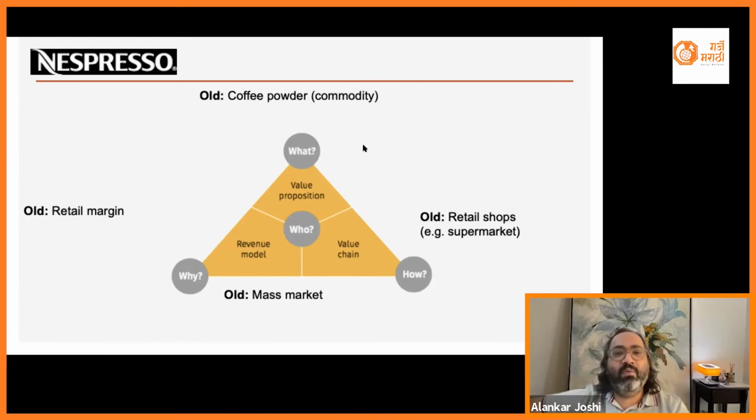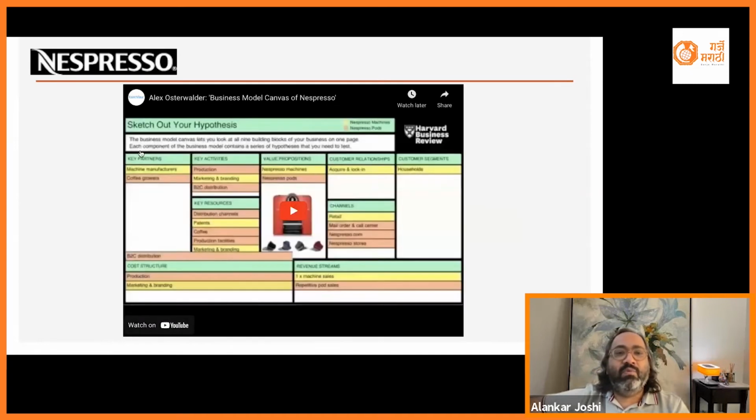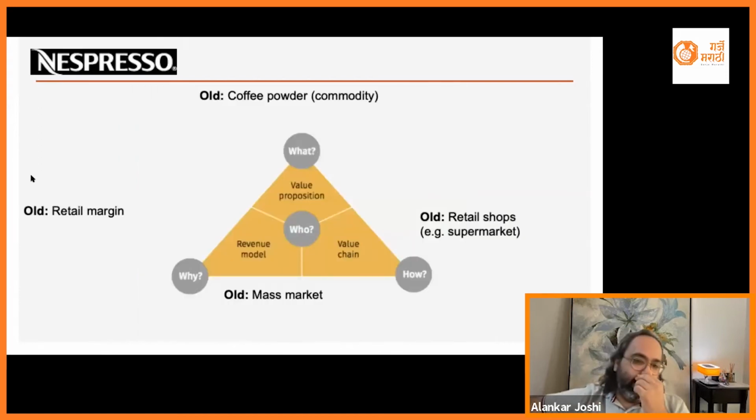So what they did was take each of these elements and innovate each of these elements of their business model. They needed a few iterations before they got it right, but ultimately they got it right.